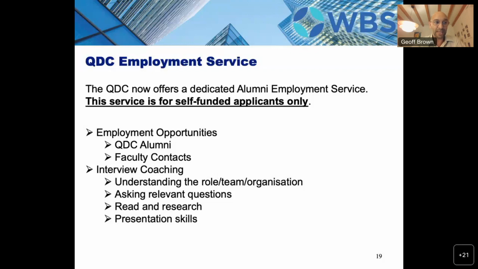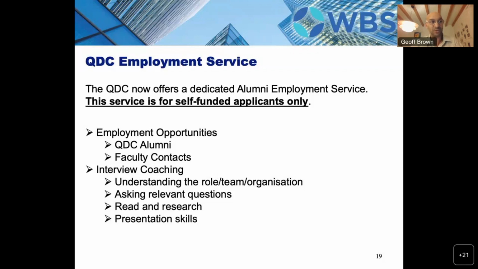And if you are then successful in being invited in for an interview, then it's massively important that you understand way over and above the job role itself.